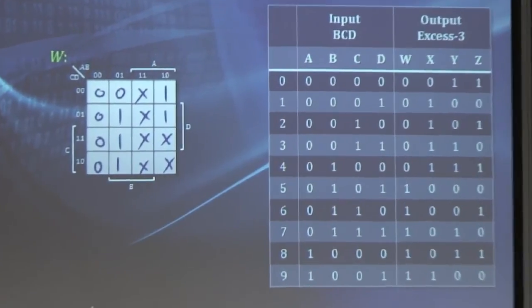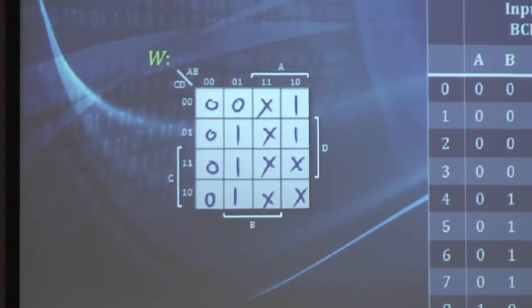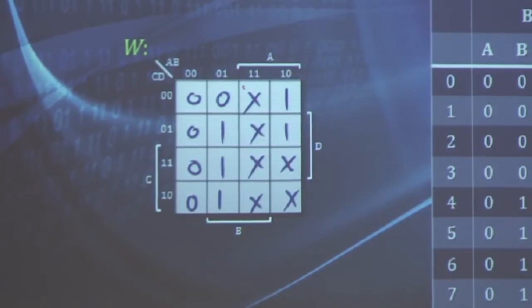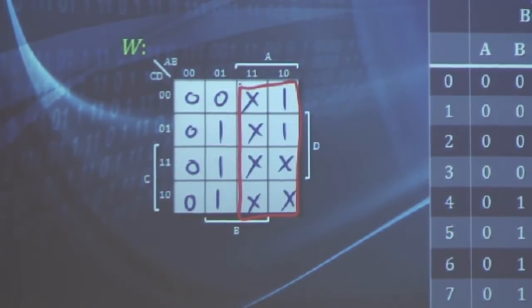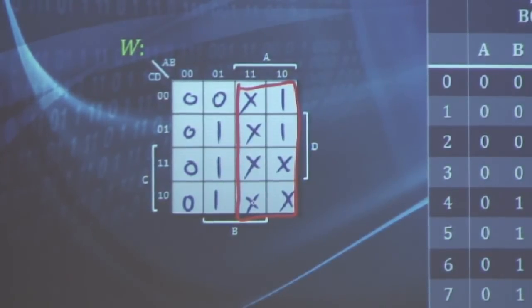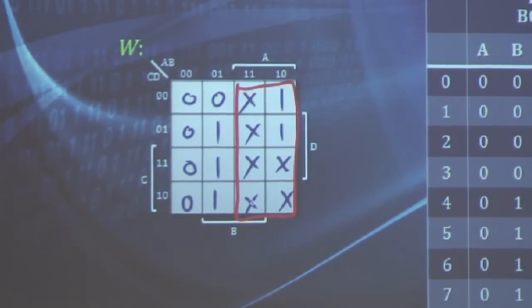To optimize this, I could use the don't cares to come up with the largest groups possible. I can circle the don't cares as well. For these ones here, I can't make a group of 6. It's not allowed. I must do either a group of 4 or 8.